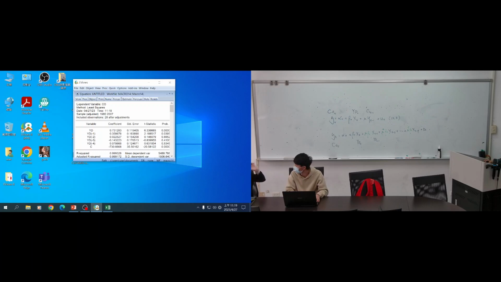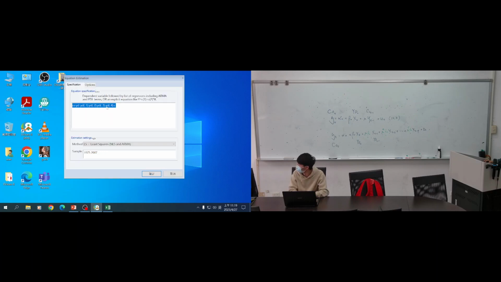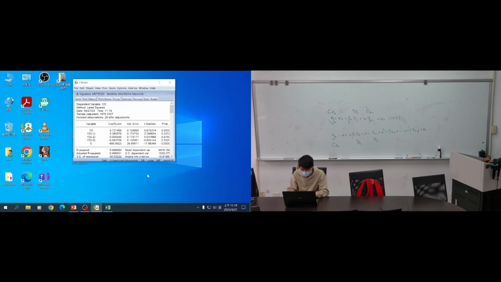This is not right, so I'll re-estimate again without the 4th. It's only 3. Let's do it. All right, well, it's pretty similar. It looks okay.